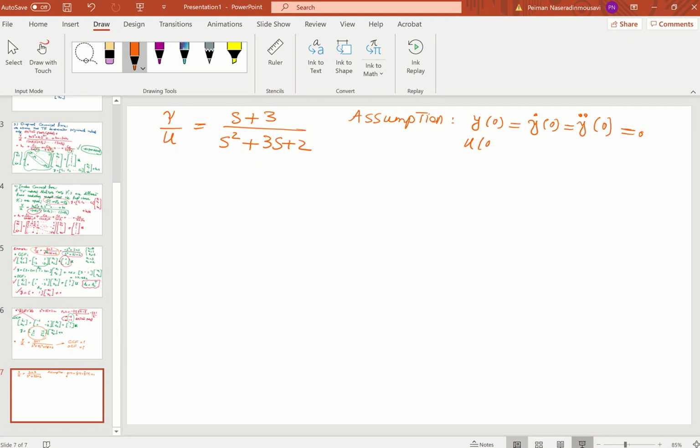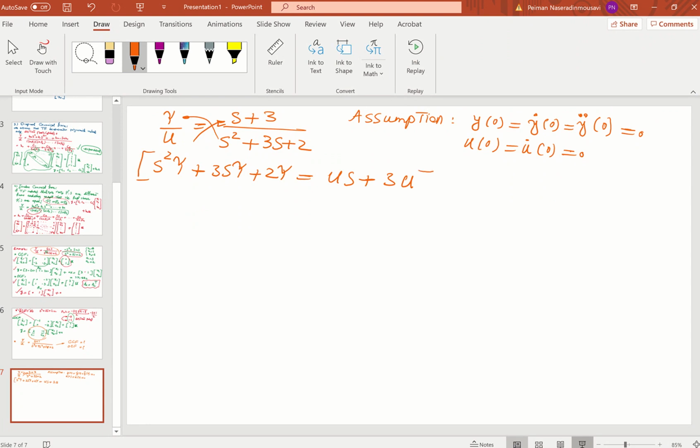So I had the assumption. If I multiply this by this, this is what you get: s squared y plus 3sy plus 2y is equal to us plus 3u. That's right.